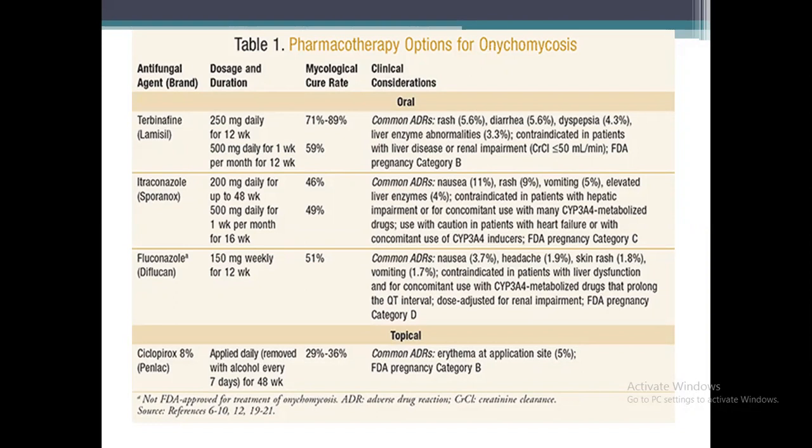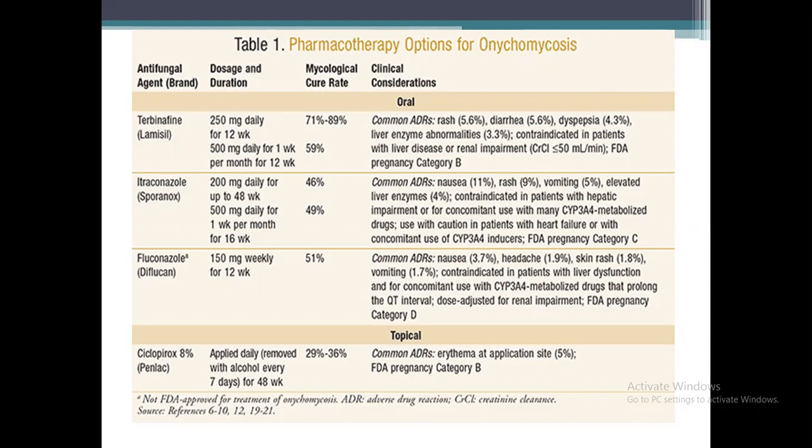Itraconazole is another option with 200 mg daily for up to 48 weeks. Mycological cure rate of 46%, and for pulse therapy we also have 500 mg daily for 1 week per month for 16 weeks.